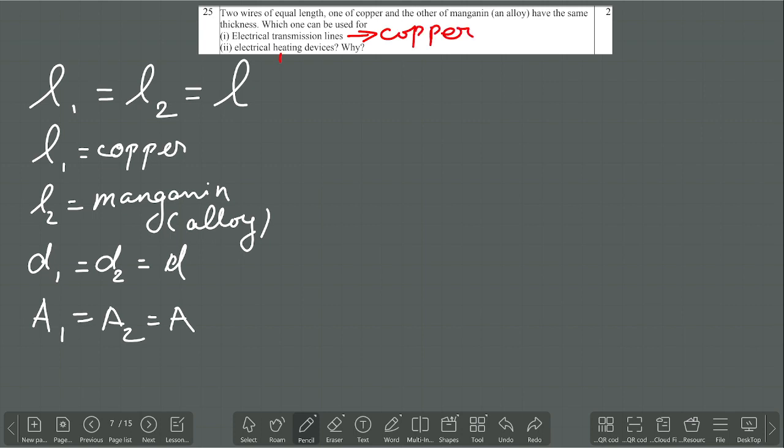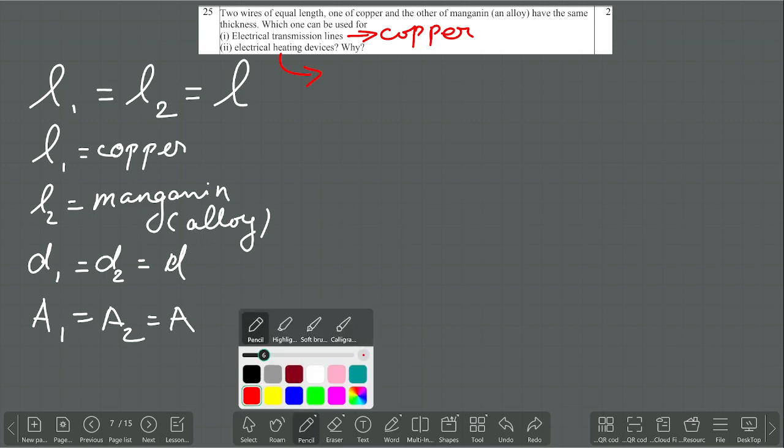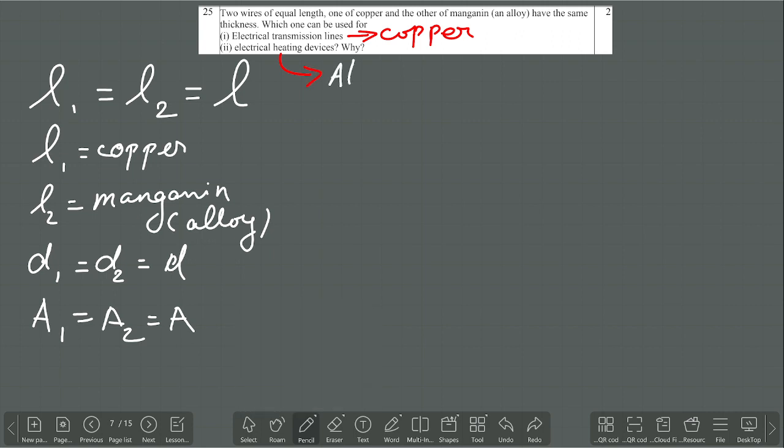Next, they are asking about an electrical heating device. Heating device means we need to go along with the material which is made up of an alloy. Which one is an alloy here? Manganese is an alloy. That means for the heating element we need to use manganese.